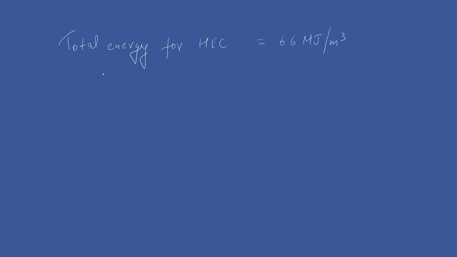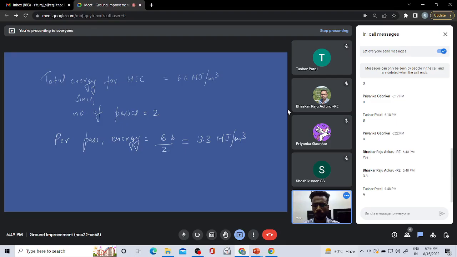Since the number of passes is equal to 2, the energy per pass will be 6.6 divided by 2, so that is 3.3 megajoule per meter. Any query in this?